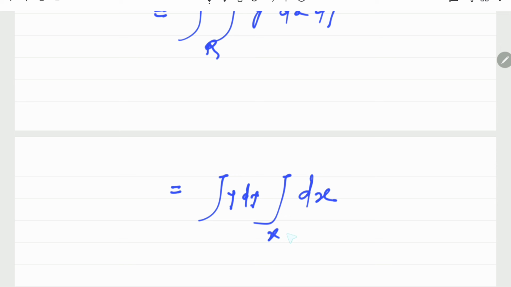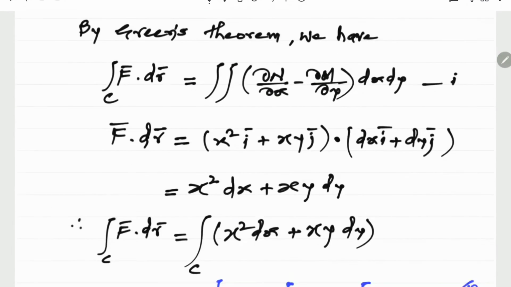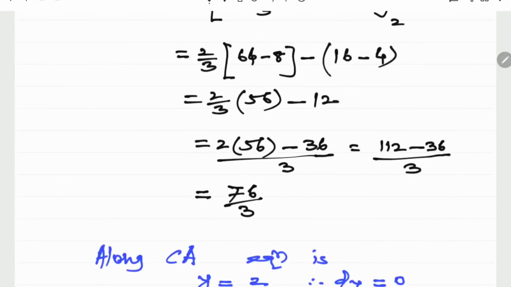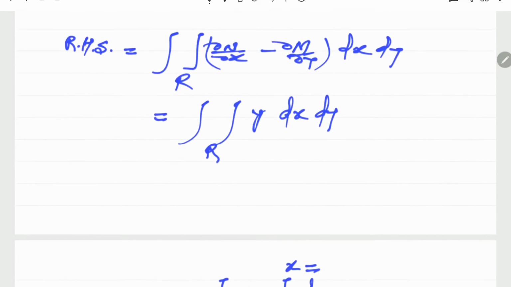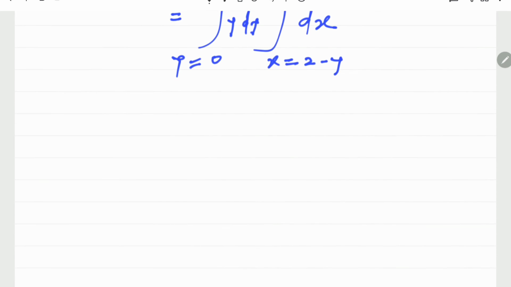Limit for x: we get x equal to 2 minus y. The lower end is on this line AB, equation is 2 minus y, and the upper lies on the second line, equation is 2 plus y, and whatever that result is multiplied by y and integrated with respect to y between limits 0 to 2, and then outer limit 0 to 2 as it is, y.